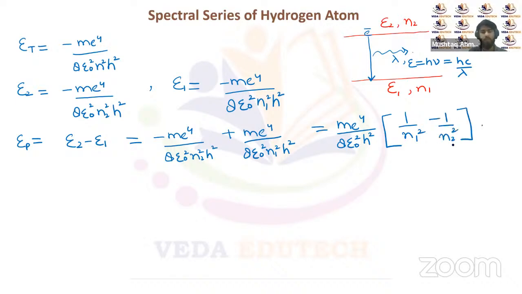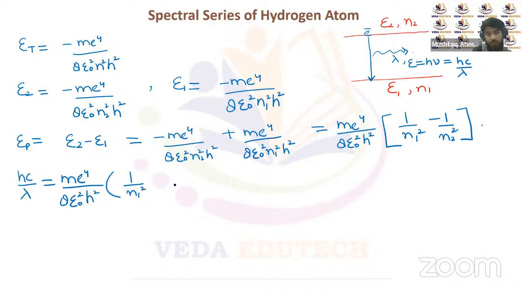So this will be the energy difference, and this energy difference will be equal to the energy of the photon, that's hc upon lambda. That will be equal to me to the power 4 upon 8 epsilon naught square h square, and in the bracket, we'll have 1 upon n1 square minus 1 upon n2 square.